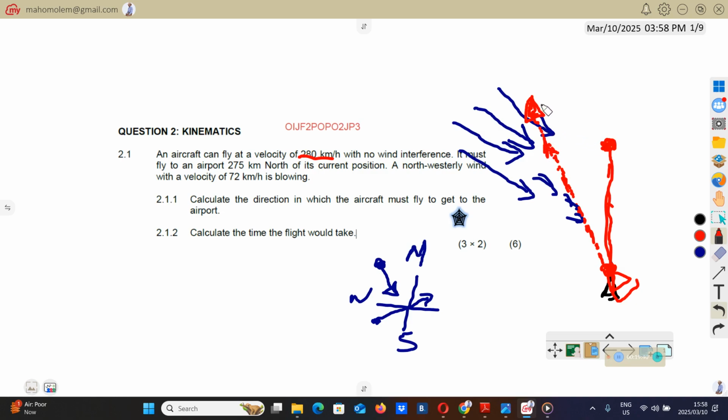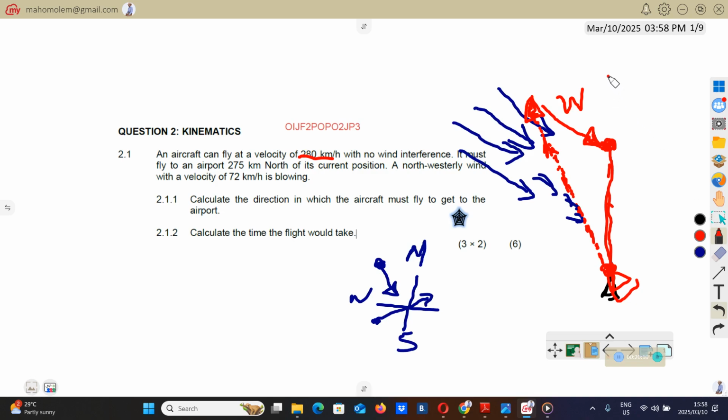Then we can have this line here. I'm going to close this triangle. This line here is going to represent the wind. So the wind will be blowing from northwest. If they don't specify the angle, they just say northwest or southeast without specifying the angle, then it means that the angle of this wind will be 45.